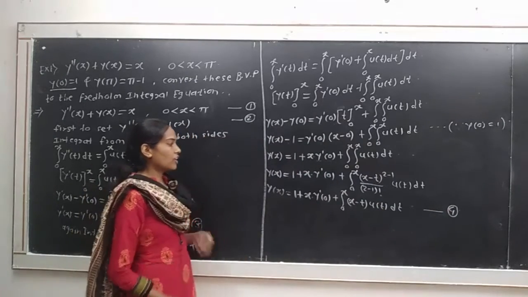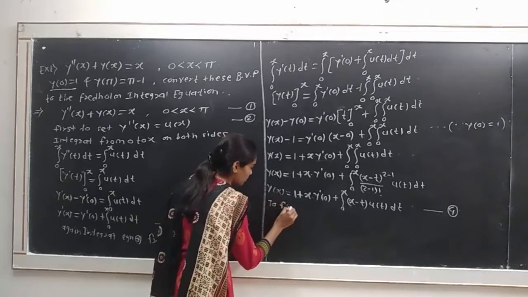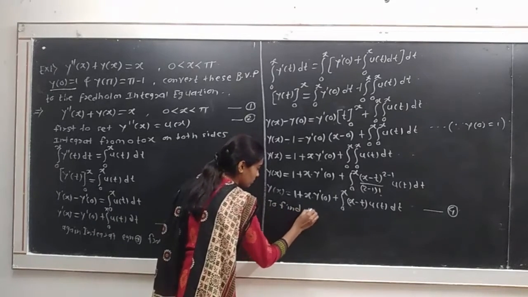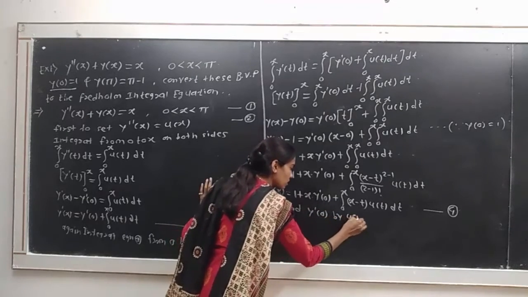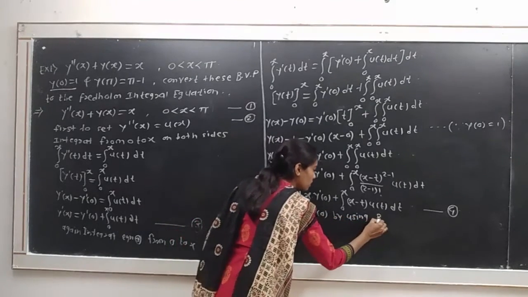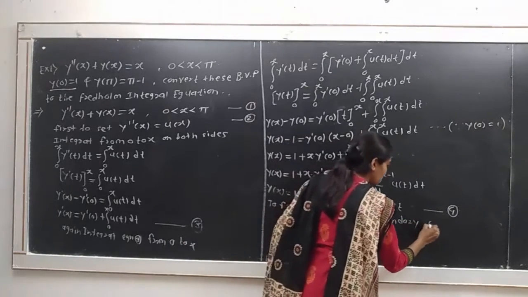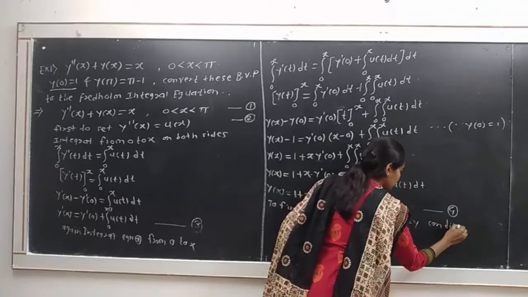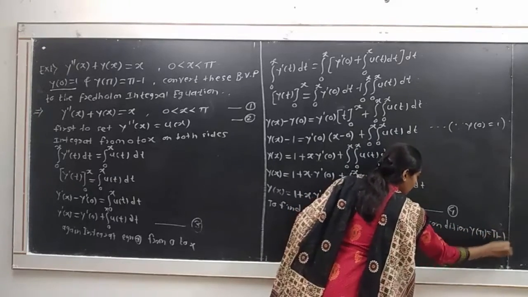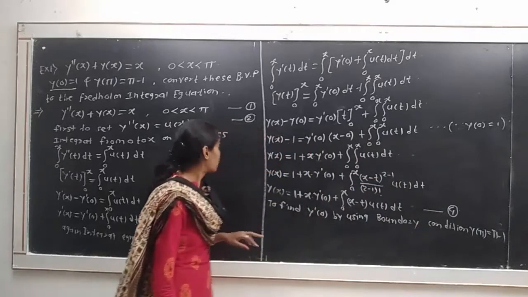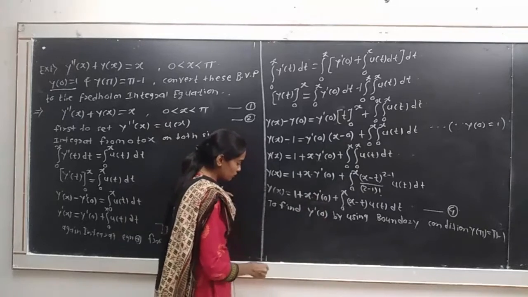Then we have to find the value of y dash of 0 by using the boundary condition, that is the second boundary condition, y of pi is equal to pi minus 1. By using this boundary condition we can find the value of y dash of 0.